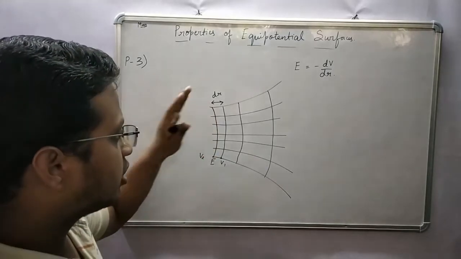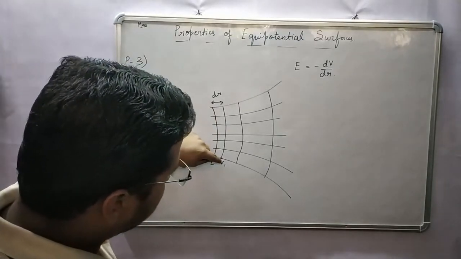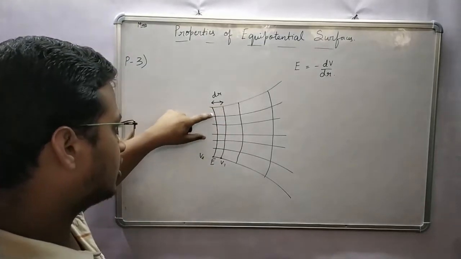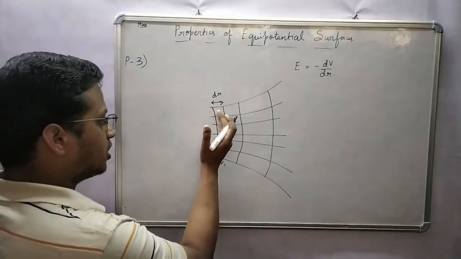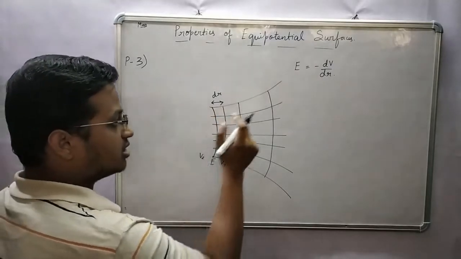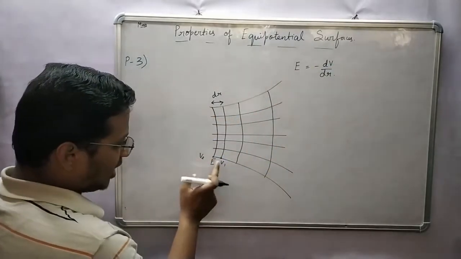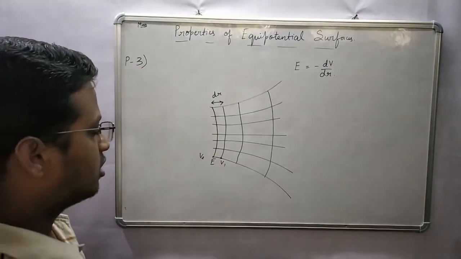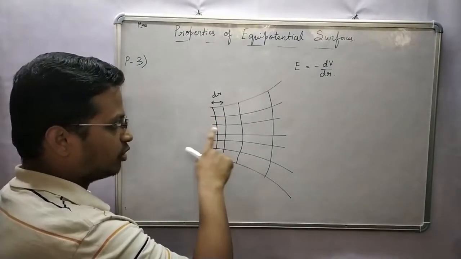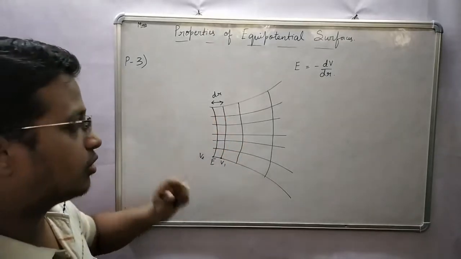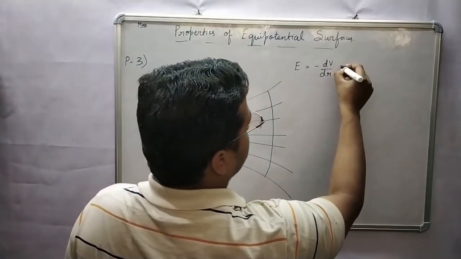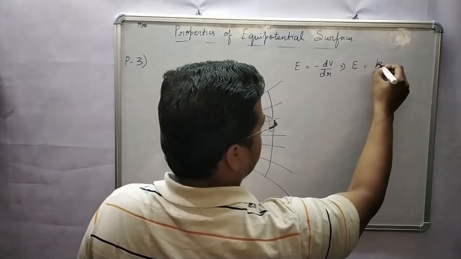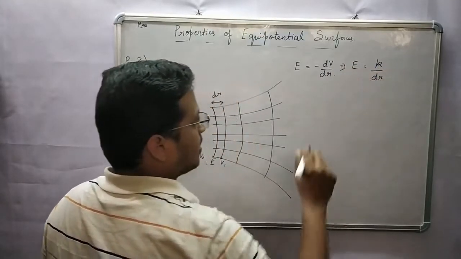Since this is an equipotential surface, potential on all the points is V1 and here potential on all the points is V2. So the difference between the potential, that is dV, V2 minus V1, is the same for all points. If you take one point here and one point here, dV is a constant. So this becomes E is equal to some constant by dr.